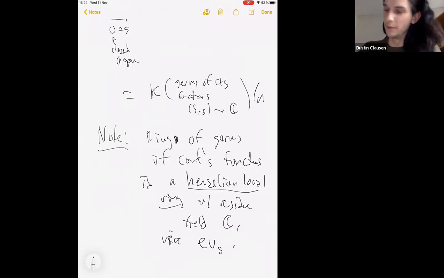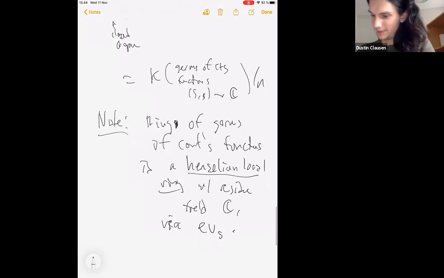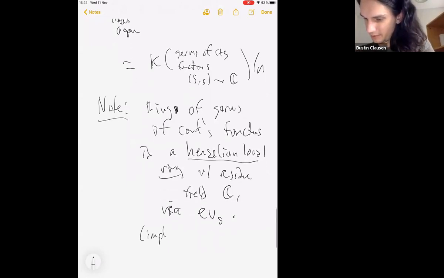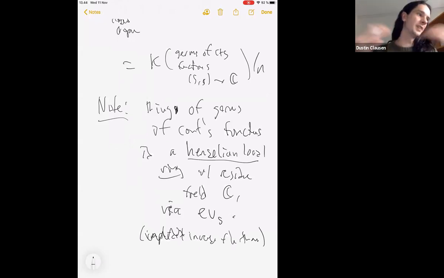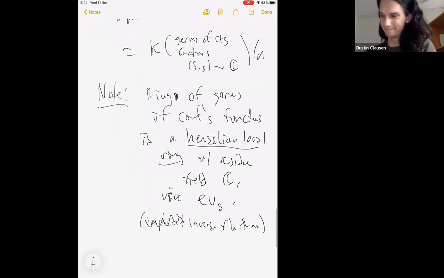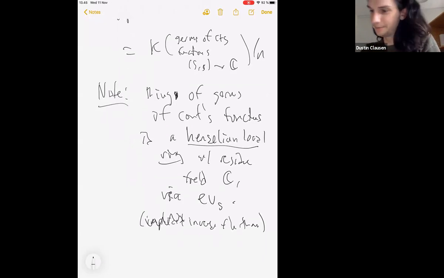So this is some form of an implicit function theorem for continuous functions, some version of the implicit function theorem or inverse function theorem. Basically, this comes down to the fact that if you have an étale map of complex varieties, then on complex points it's a local homeomorphism. That's kind of equivalent to this statement here.